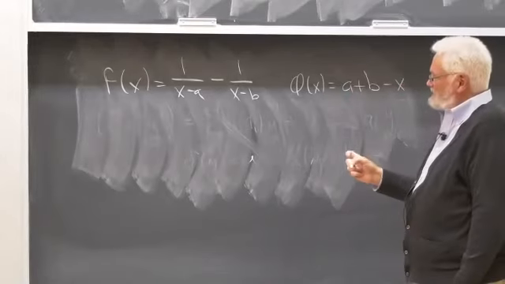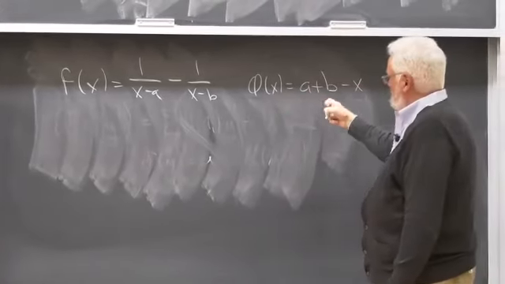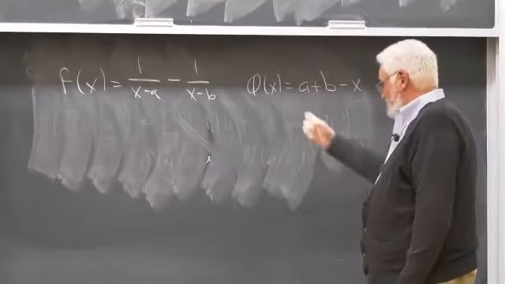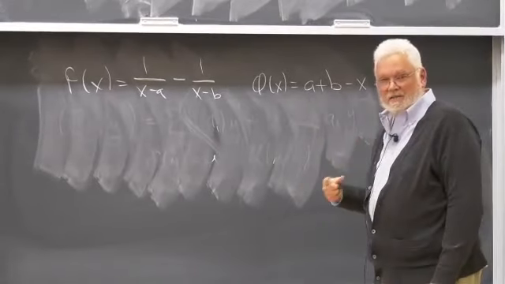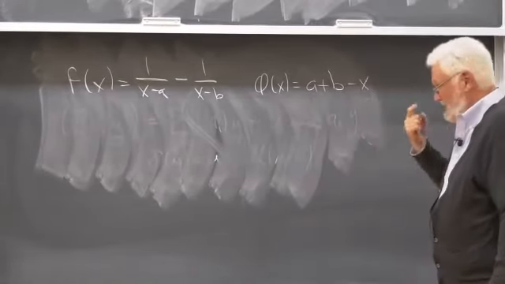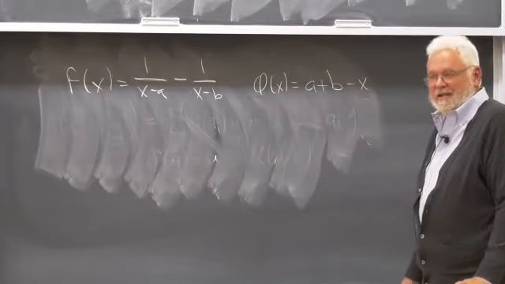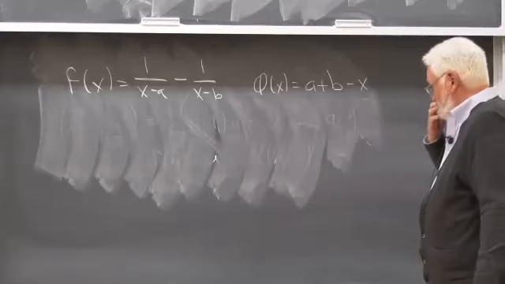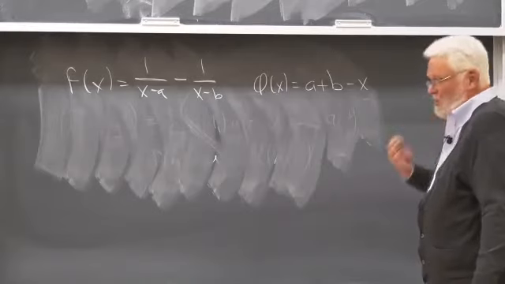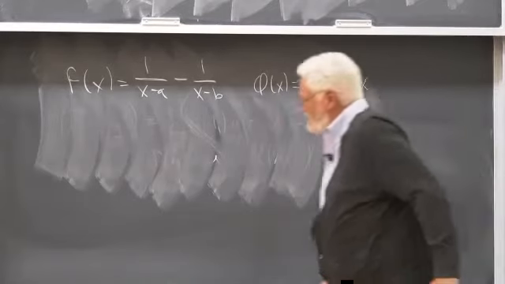If f is 1 over x minus a minus 1 over x minus b, you have this function phi, an order 2 function that maps f to itself. So in this case, you get at least a point that has another point in the algebraic closure.